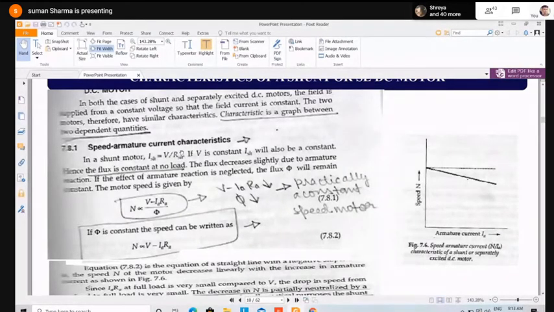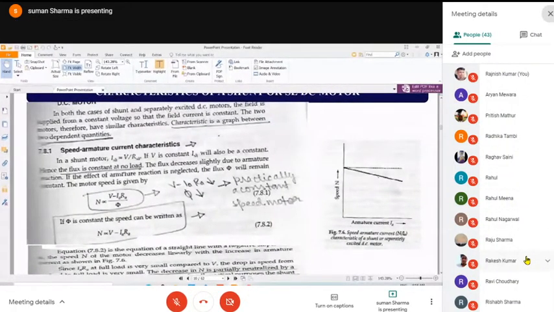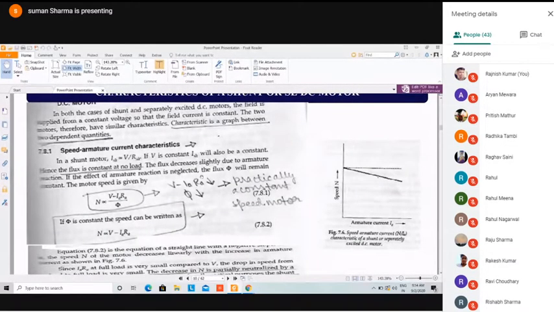Resistance high है तो जो current है वो very low है. Current low है so इससे जो फ्लक्स डिक्रीज भी होगा आर्मेचर रिएक्शन से तो वेरी लेस डिक्रीज होगा, निग्लिजिबल अमाउंट होगा. So if the effect of armature reaction is neglected then your flux will remain constant. There is no effect of armature reaction and flux is constant at no load.